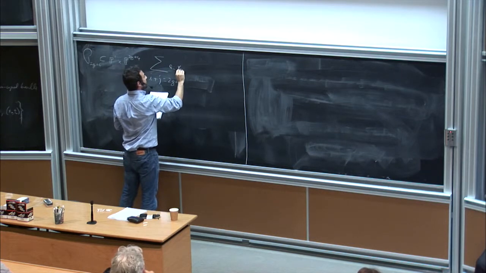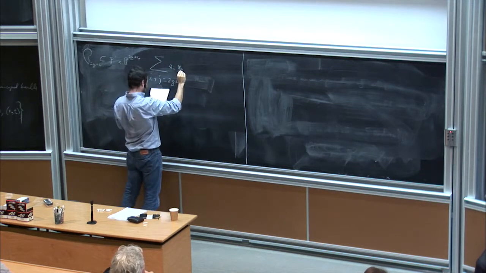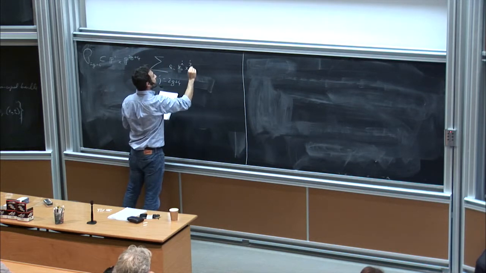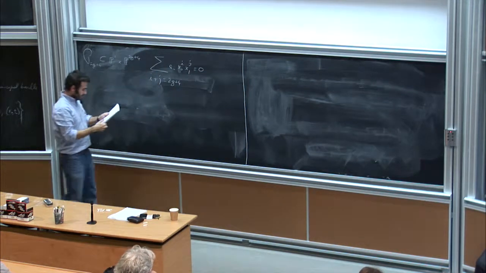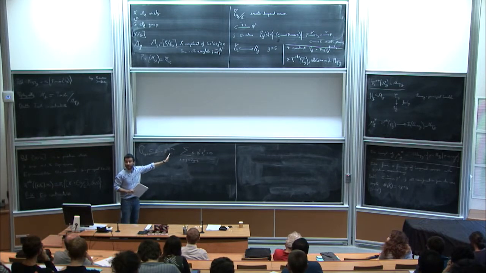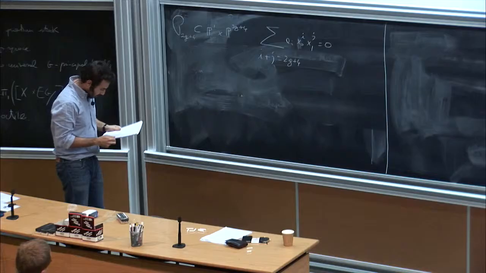Basically it is the hypersurface that parameterizes the universal family of forms of degree 2g plus 4 over P1.